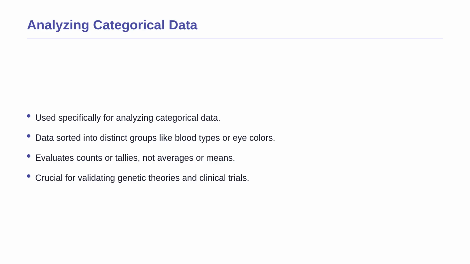Unlike other statistical tests that look at averages, the chi-square test strictly looks at raw counts or tallies. Without this tool, we would have no objective way to validate Gregor Mendel's genetic theories or prove if a new vaccine genuinely works better than a placebo.